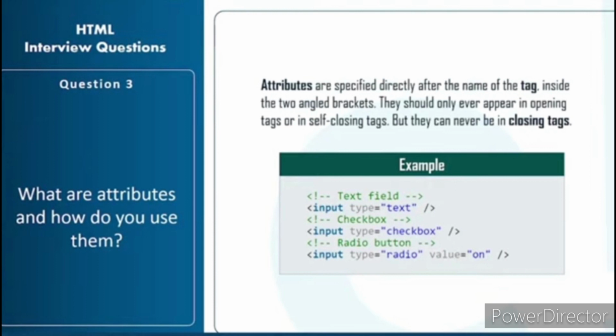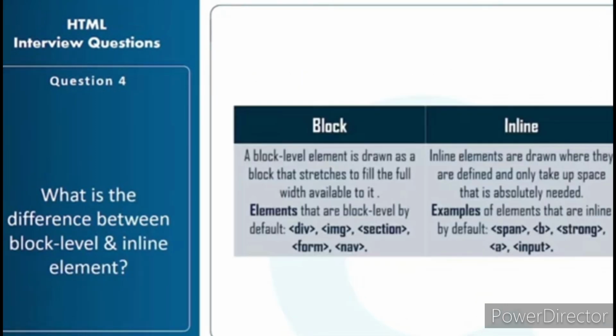For example, here in the angled brackets, input type text, closed. It's the attribute example.